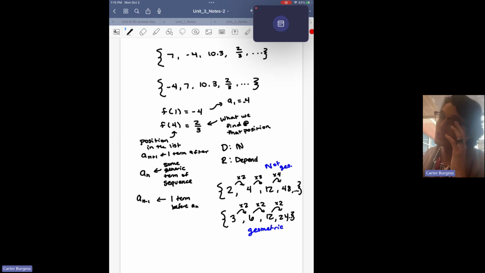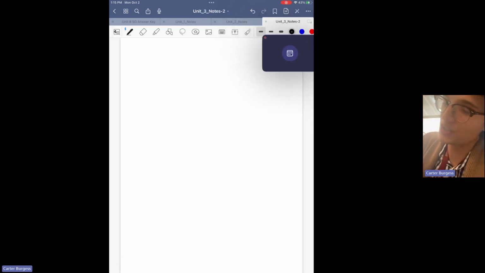Whereas if we have a much more predictable pattern, there should be a way to categorize that movement that we see, that ability to move from one term to the next. All right, so we are going to start by looking at two different ways that we can define our sequences. One is the heart of what is going on with sequences.